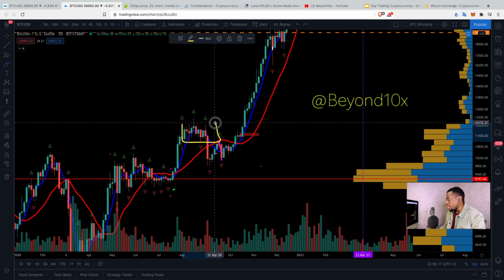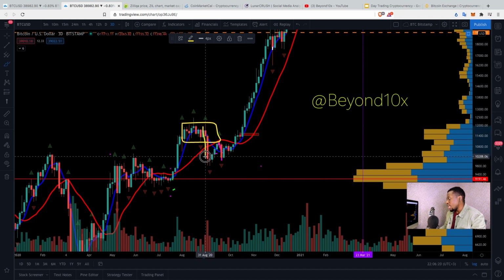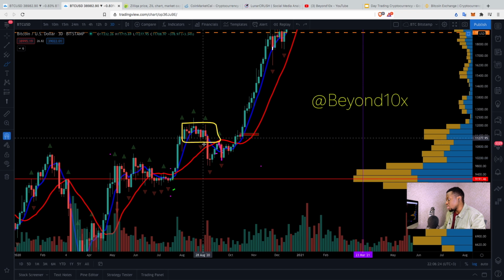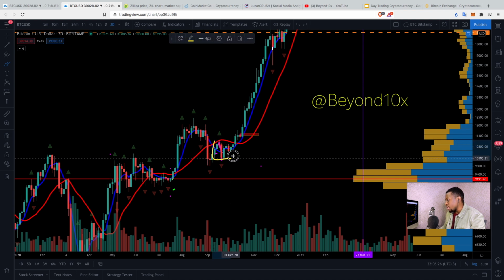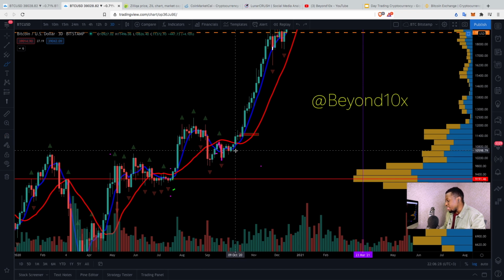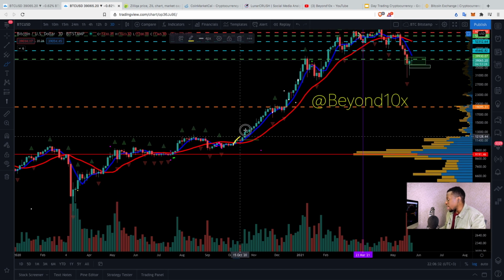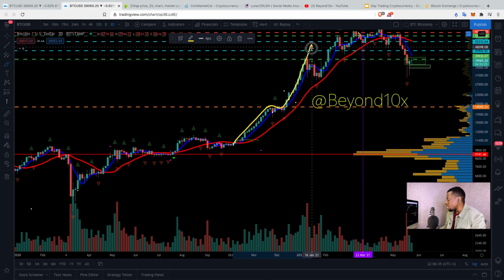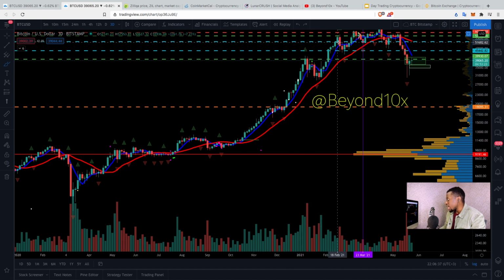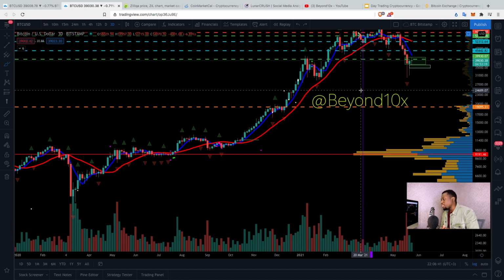And then again we start ranging. Then we get out of that range and start trending towards the downside, and later on the ranging happens again. Eventually we break out with an explosive move, and just like that the cycle repeats itself.